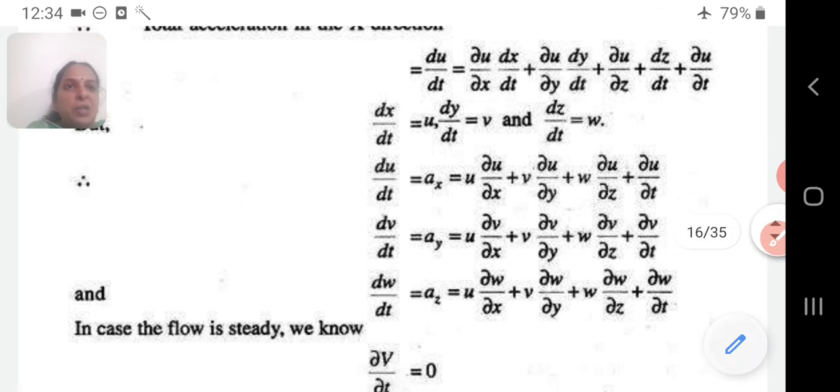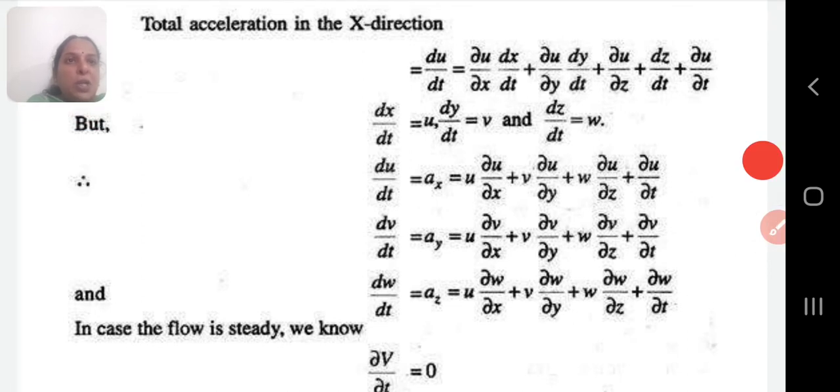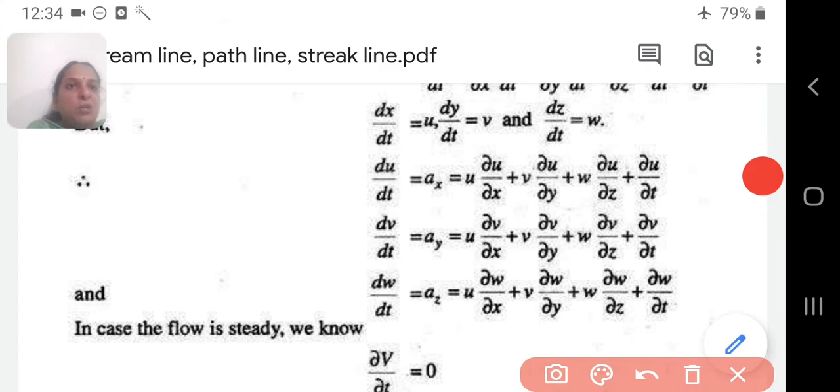Similarly, the acceleration in the y direction will be u into ∂v/∂x plus, see here what is the difference between these two equations. Here everything in the x direction has the velocity in terms of u, in the y direction the velocity is in terms of v, and in the z direction the velocity is in terms of w.